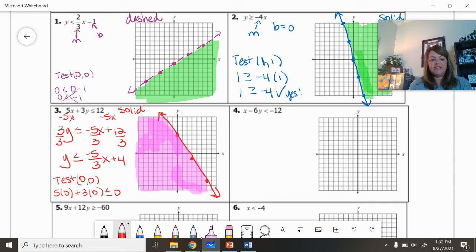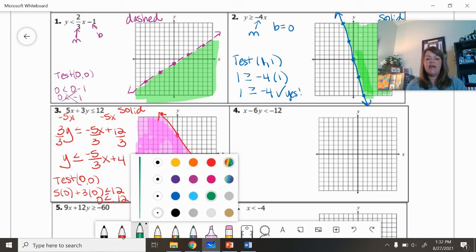Well, this is 0 plus 0, so 0, and I wrote 0 instead of 12. Let me make that be a 12, excuse me. This is supposed to be a 12. 0 less than or equal to 12? Yes, it is. So that means we needed to have shaded where 0, 0 is included, and we did, so it's included. All right, let's do the next one.